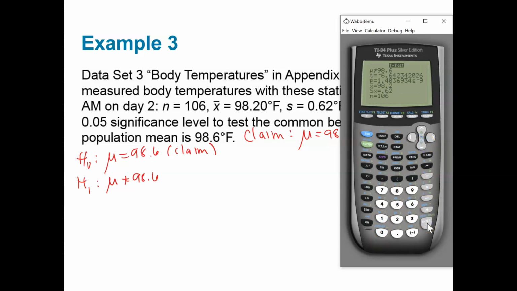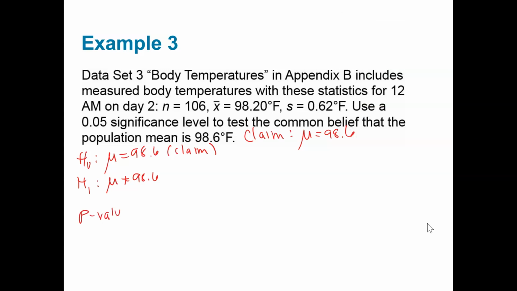So our p-value is 1.40 E negative 9. Now don't miss that E, negative 9. That means it's really, really small. It's 0.00000. So essentially our p-value is 0.0000. Is that less than or equal to 0.05? Yeah, we are going to reject the null hypothesis here.